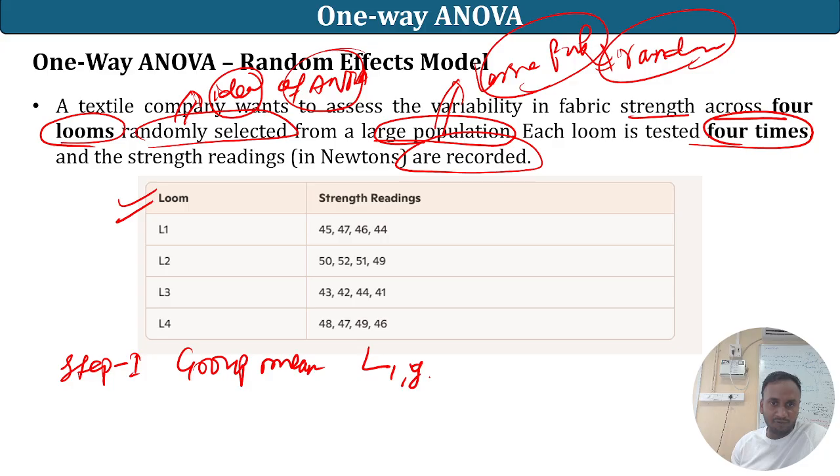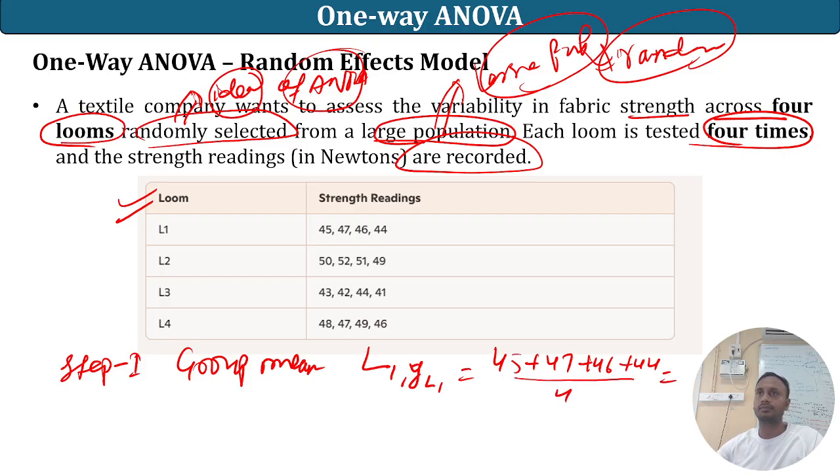For L1, YL1 will be 45, 46, 46, 44 upon 4. How much will the value come? 45.5.